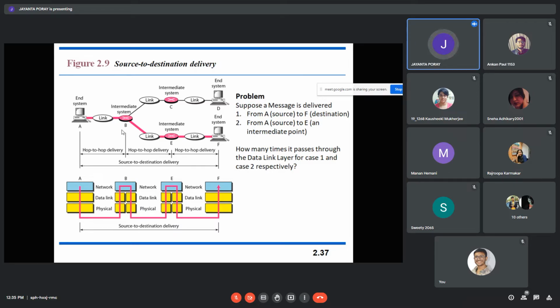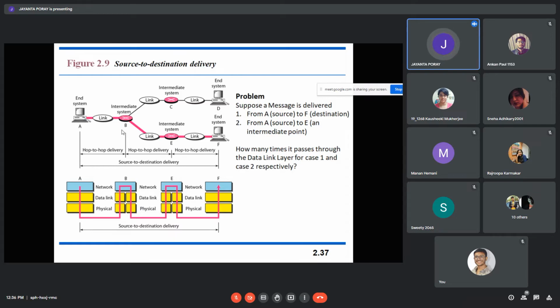interesting question. Actually, that question was asked once in some GATE exam, I think. When I consider passing packets from the top layer to the lower layer, now I consider the last three layers here. I am asking the question in the context of the data link layer. Now look at this figure carefully.